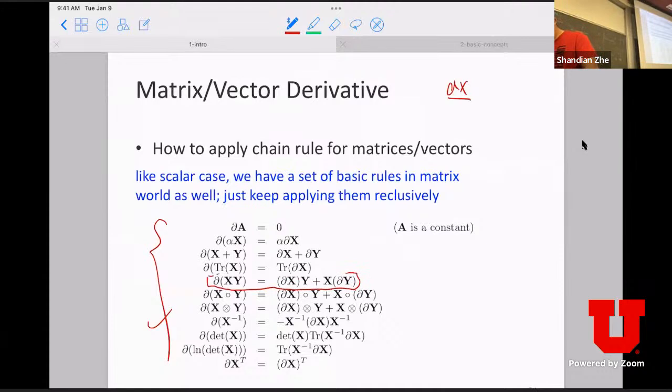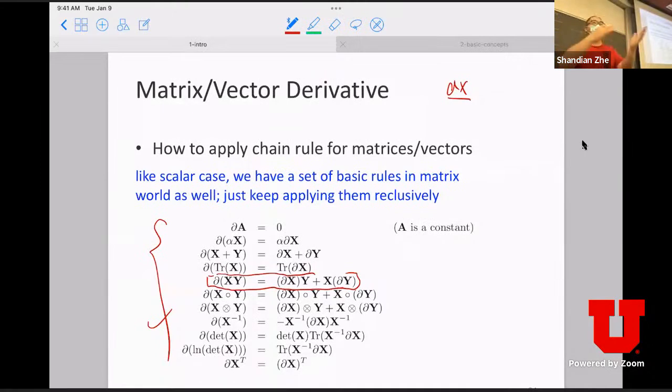Sorry, I just copied this from the reference, so they use partial, but you can view it as exchangeable with d. You can see that for d of xy, where x and y are both matrices, it is equal to the derivative of x times y plus x times the derivative of y. But please be aware that you cannot freely change the multiplication order.